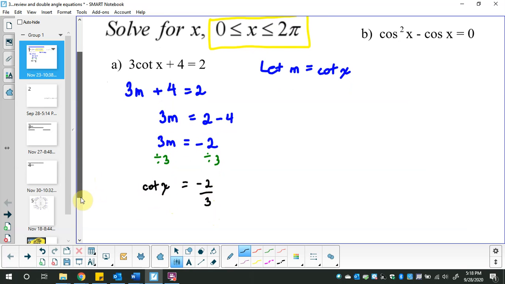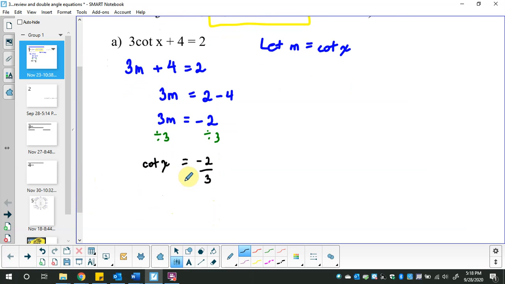Hopefully you remember from that independent study lesson that cotangent isn't a button on your calculator, so you are allowed to flip to its reciprocal identity, and that is tan x. But if you flip the left hand side, you have to flip the right hand side.